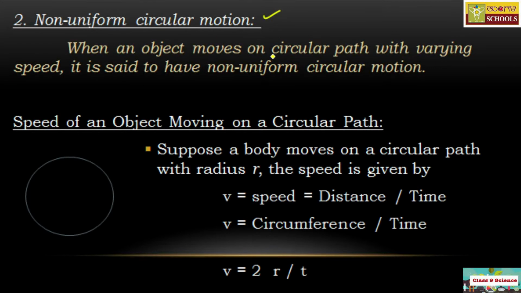When an object moves on a circular path, keep in mind this time not with constant speed but with varying speed, then it is said to have non-uniform circular motion. Such motion in that case is taken as non-uniform circular motion of the body.